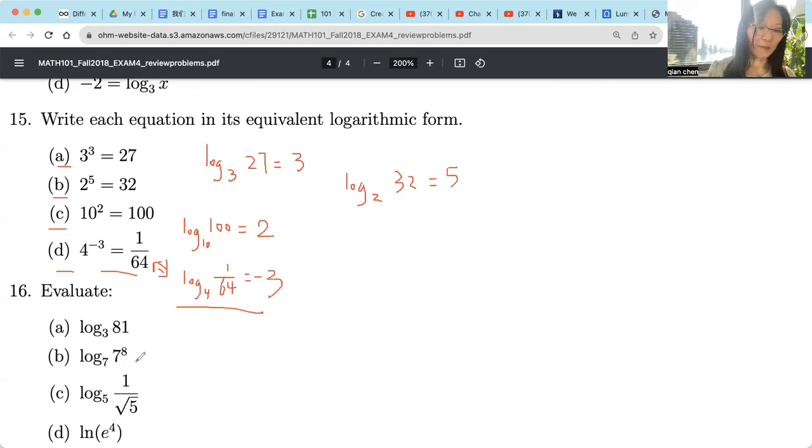Now let's see 16. We want to evaluate log base 3 of 81. This equals to, we can write it as equals to x. Then we can rewrite it as 3 raised by x equals to 81. Well, what's 81? 81 is 3 raised by 4.